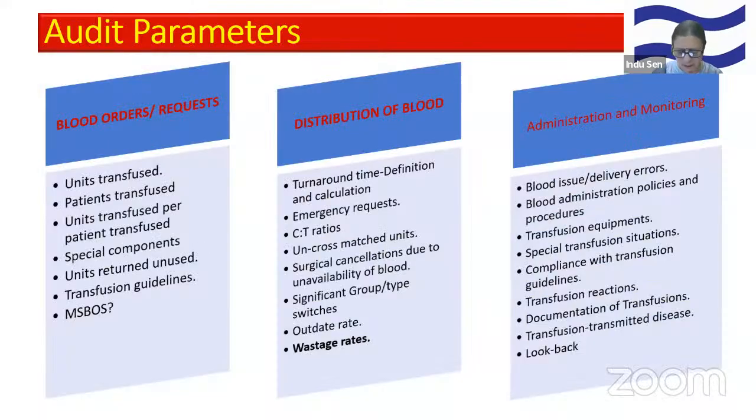And then based upon the estimated red cell mass also we can calculate. And the formula is estimated blood volume multiplied by the hematocrit, which was the starting hematocrit, right?